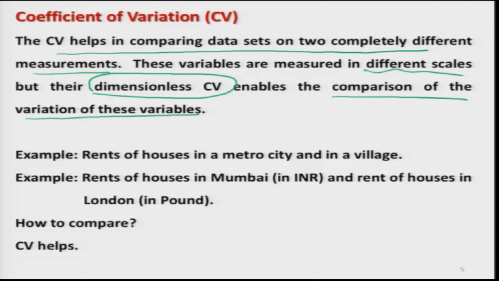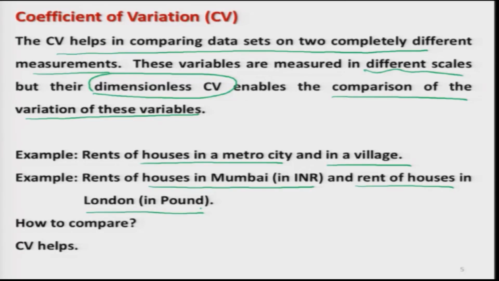For example, if I take an example of rents of houses in a metro city and in a village in India, we know that the rents in a metro city in India are very high, whereas the rents in a village are very low. And similarly, if I take another example, the rents of houses in Mumbai will be in Indian rupees, and the rent of houses in London will be in pounds.